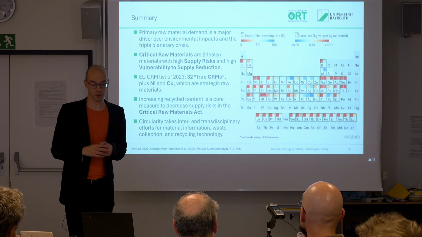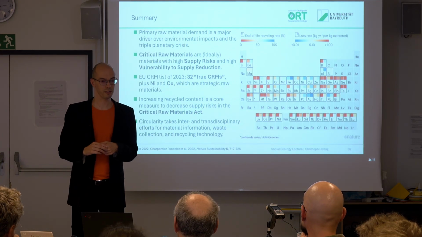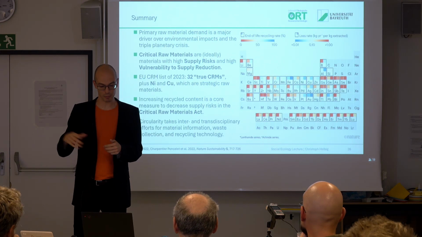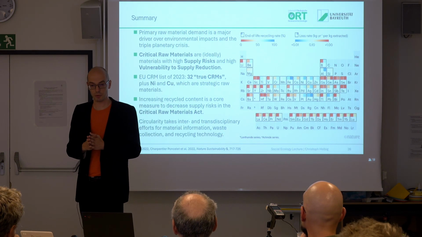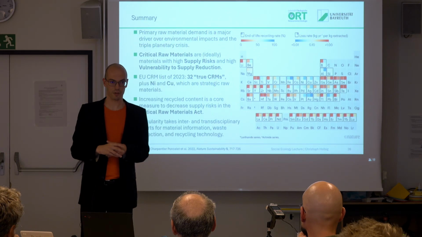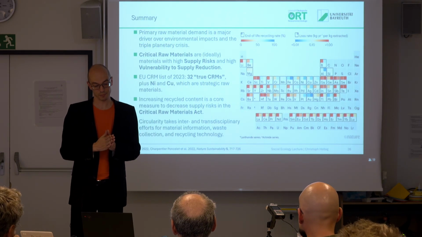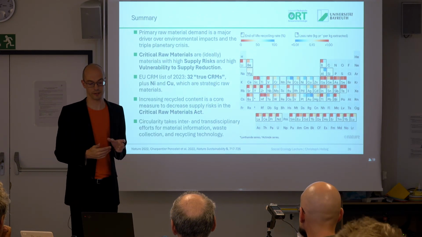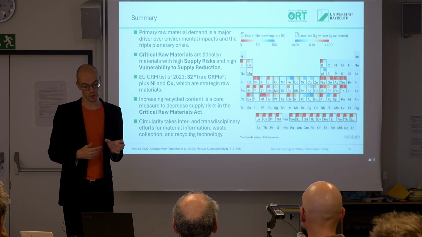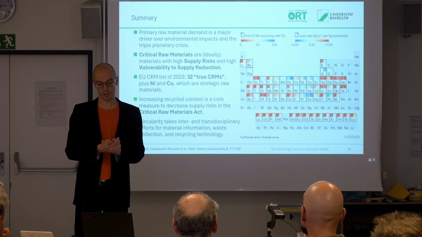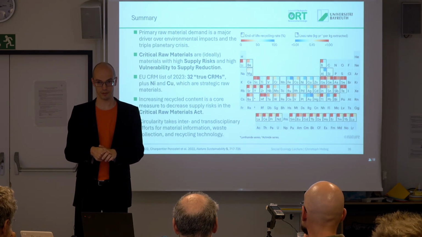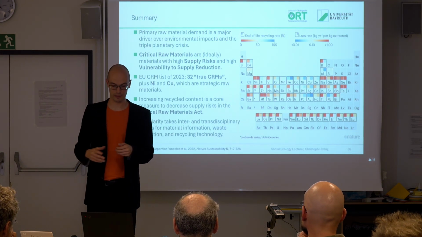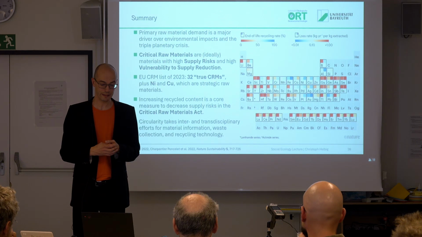There are 32 true critical raw materials currently in the EU, plus nickel and copper, which are strategic raw materials, but don't actually match the threshold for supply risks. And if we can increase the recycling content, then this is very important because it's a core measure to decrease the supply risks in the Critical Raw Materials Act and in the EU measurement. Also in the US measurement, you can do that analogously.